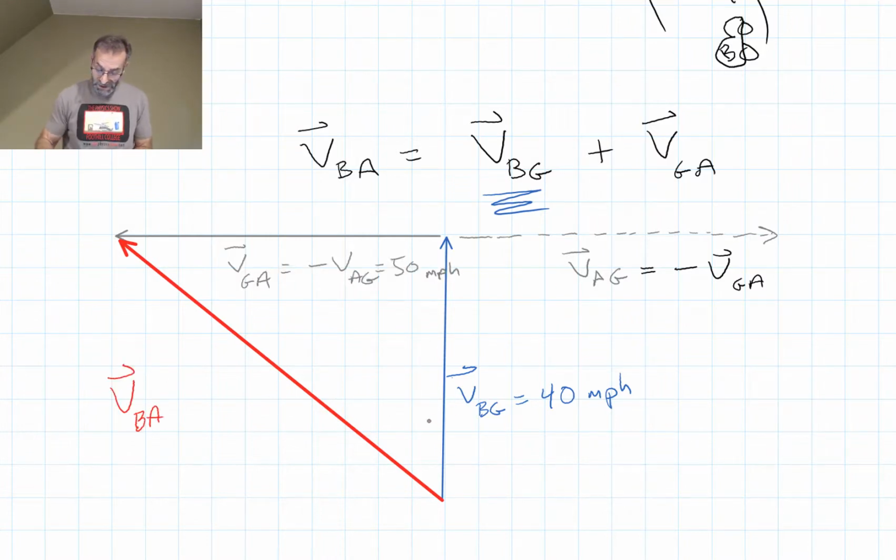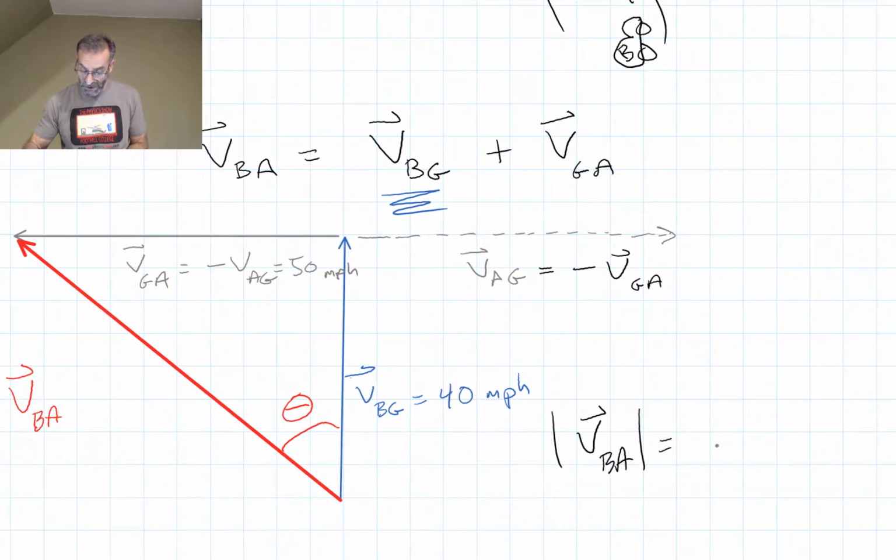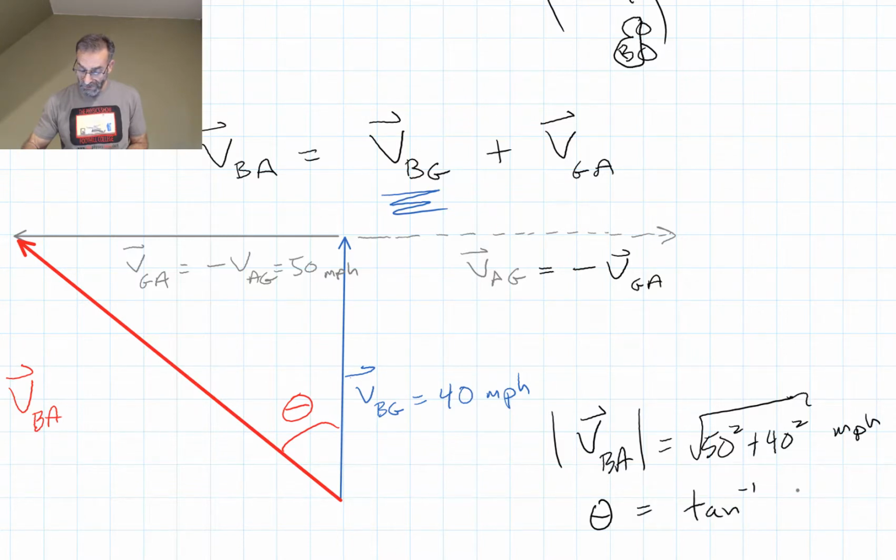I'm going to mark this as theta, and we need to figure out those two. So the magnitude of VBA is going to be the square root of 50 squared plus 40 squared, in miles per hour. And my theta is going to be the inverse tangent of 50 over 40.